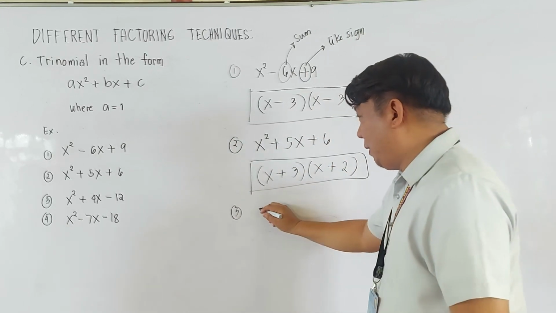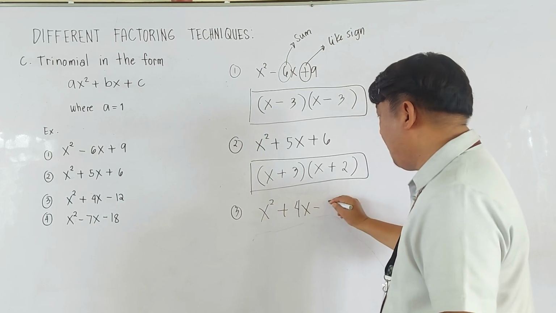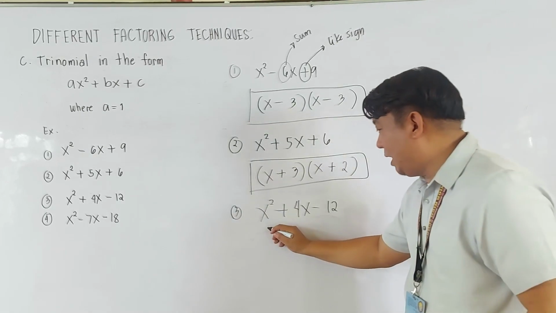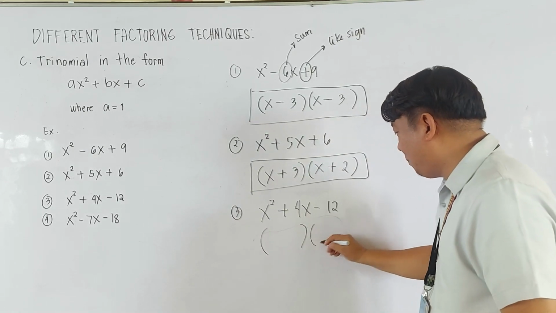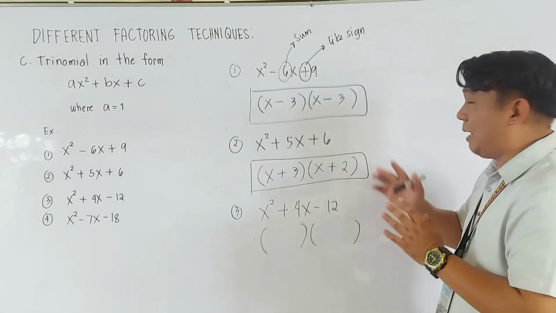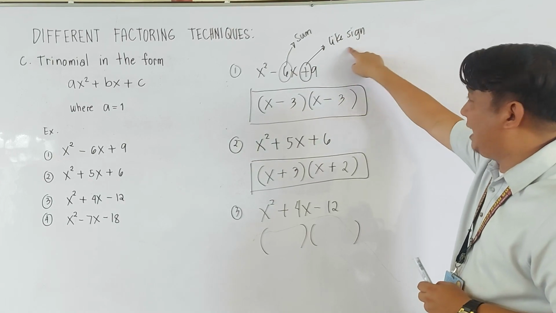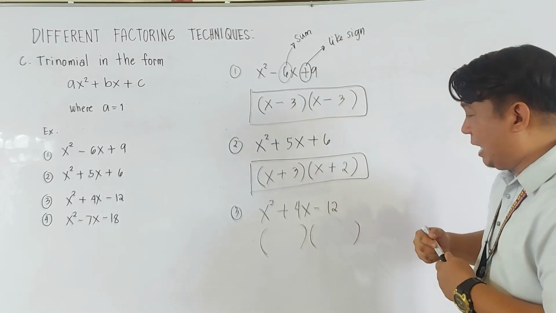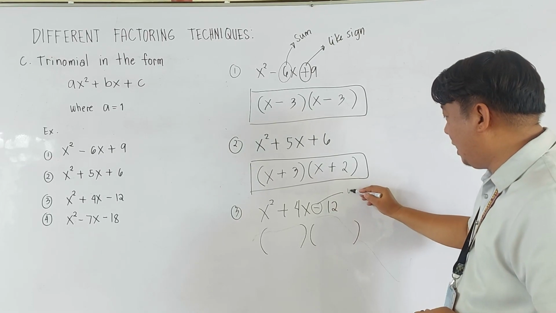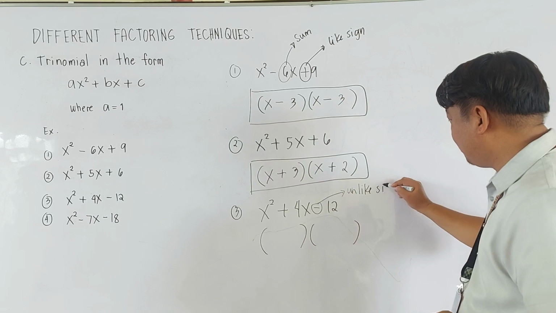Number 3, we have x squared plus 4x minus 12. Okay, so ang technique, gawa lang tayo ng dalawang grouping symbol dito or parenthesis. And okay, so ito, class, kanina sabi natin, pag ang sign ng last term ay positive, like sign. So dito, pag ang sign ng last term ay negative, meaning it is unlike sign.